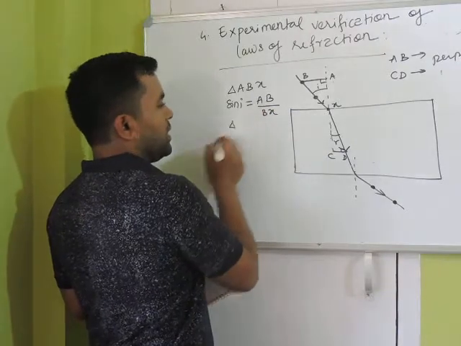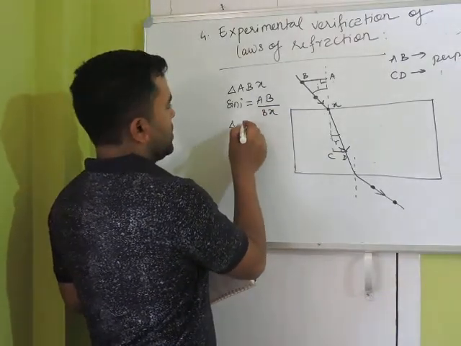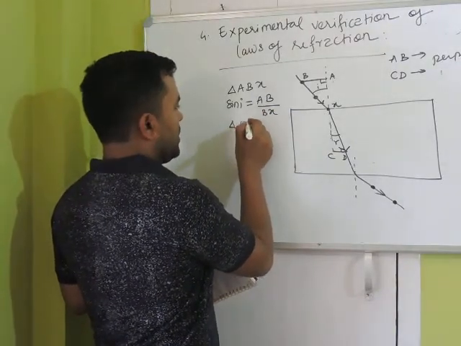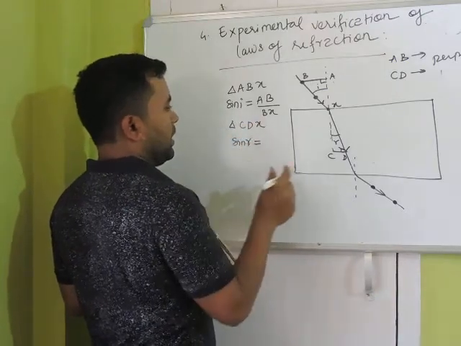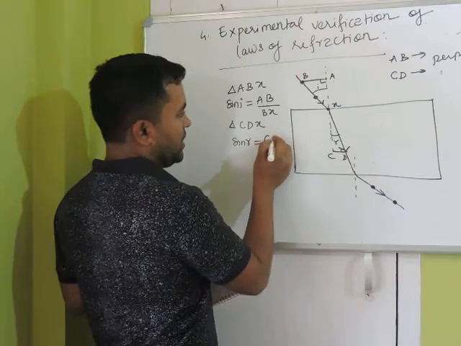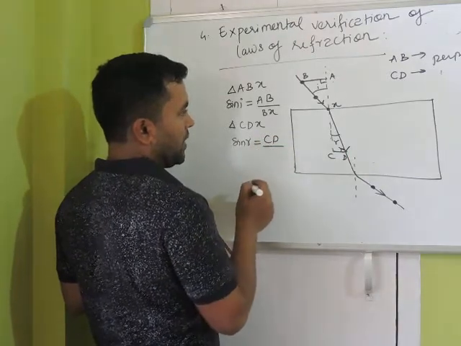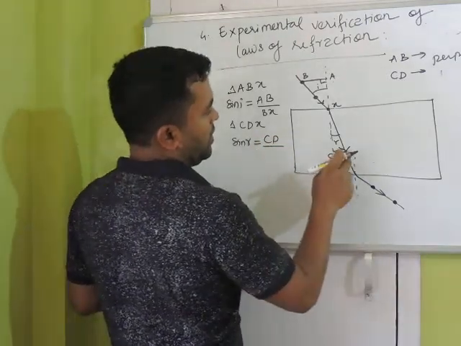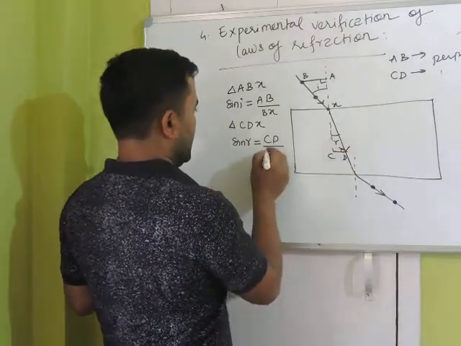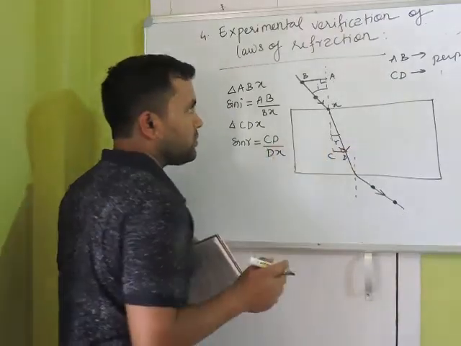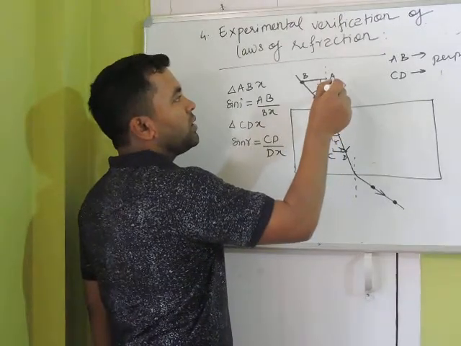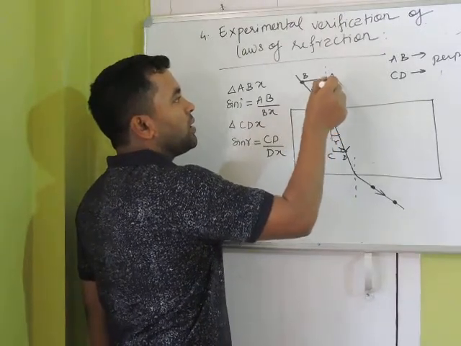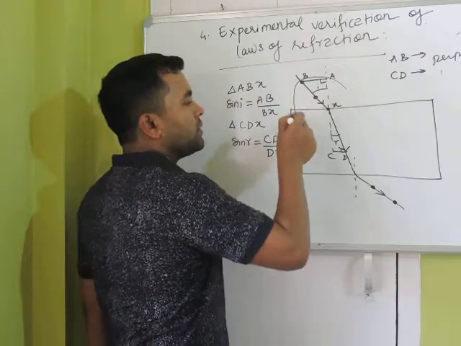Same way in triangle CDX, we'll find sin R, and sin R will be CD by hypotenuse DX. Now, just imagine that we draw a circle here.